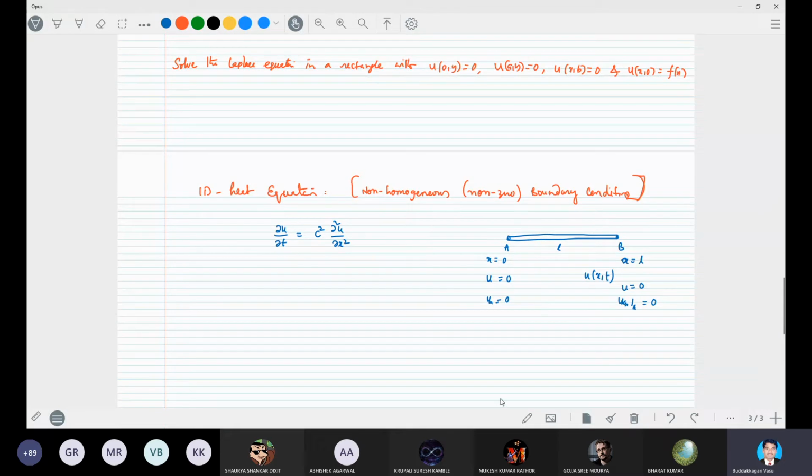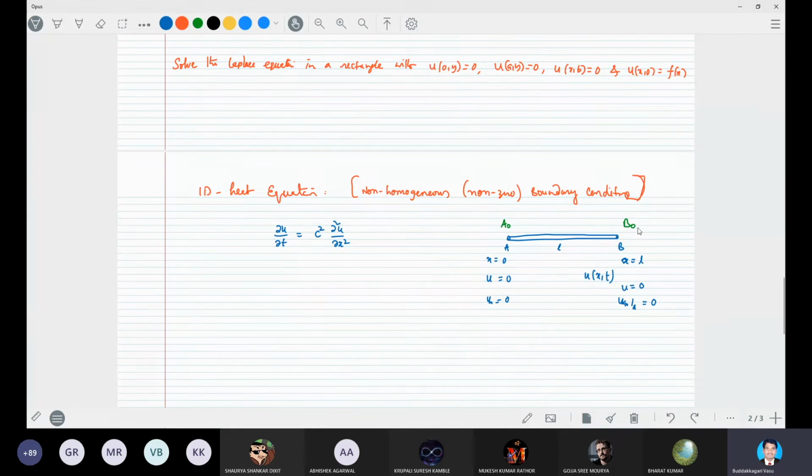If these conditions are non-homogeneous, non-homogeneous meaning non-zero conditions, then how can this problem be solved? Suppose a bar AB of length L is maintained at the temperatures A0 and B0.